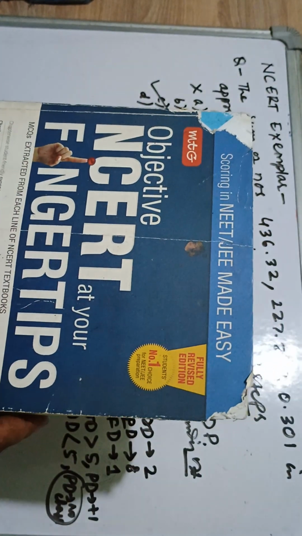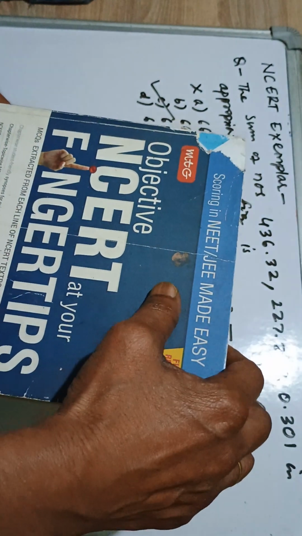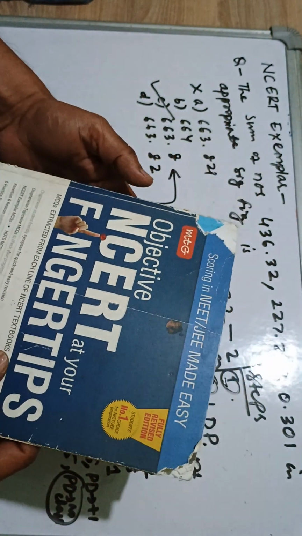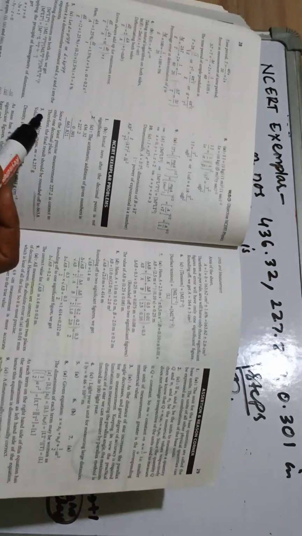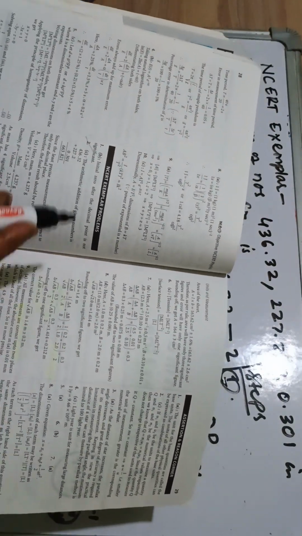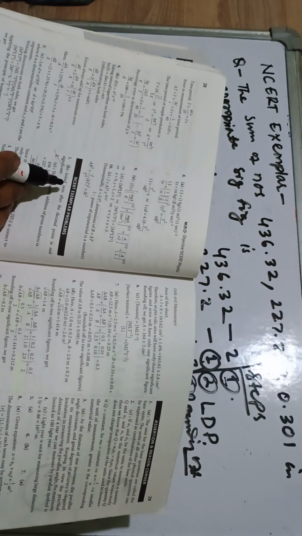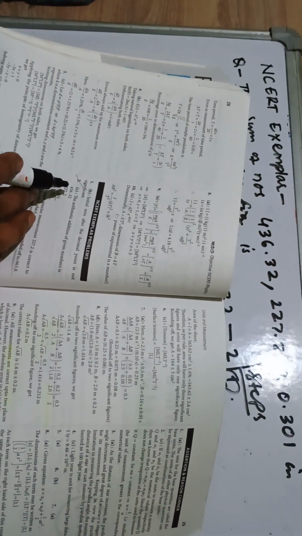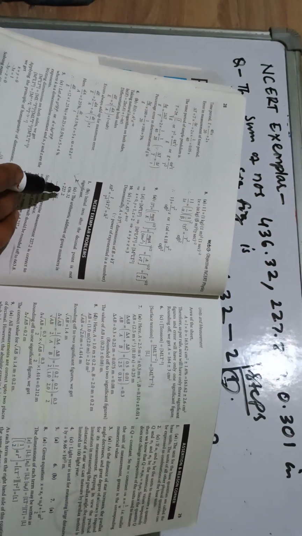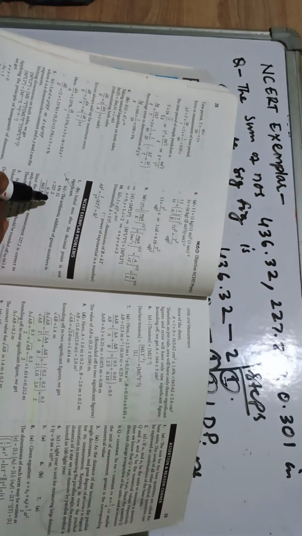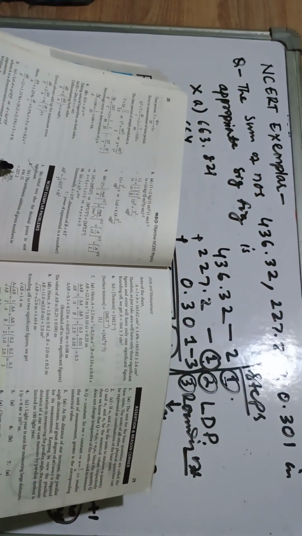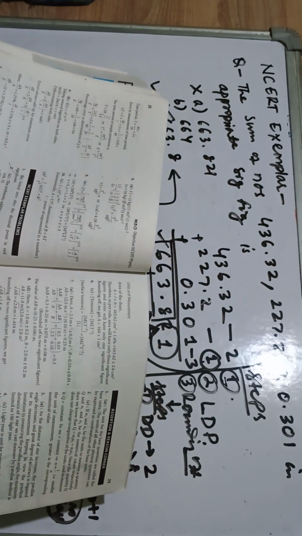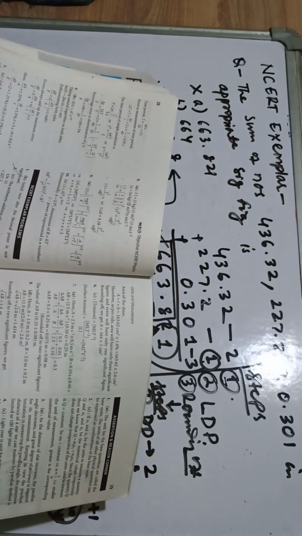For this question, the book has given the correct answer. Here the question is the same NCERT exemplar: arithmetic addition of the given numbers 436.32, 227.2, 0.301.